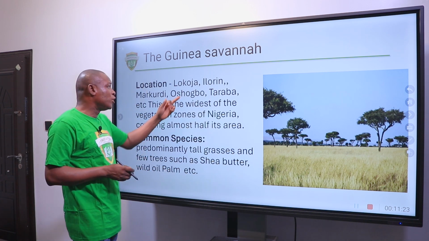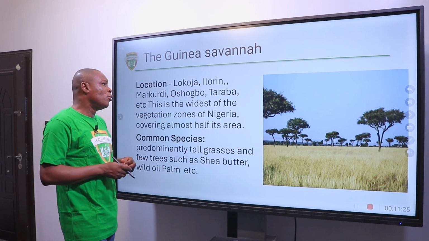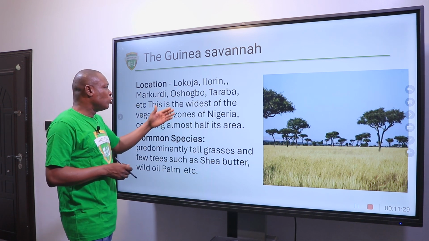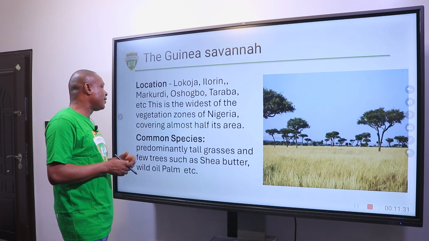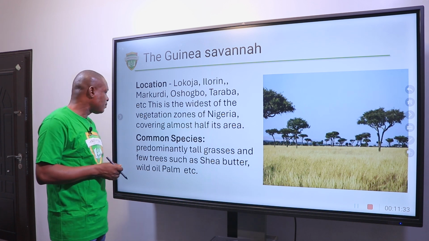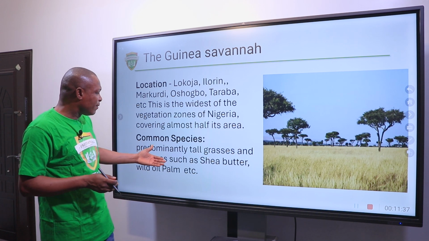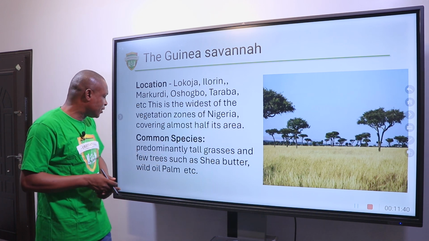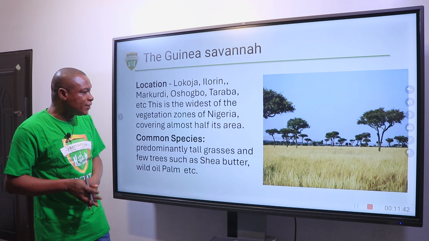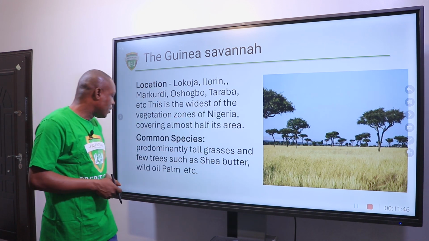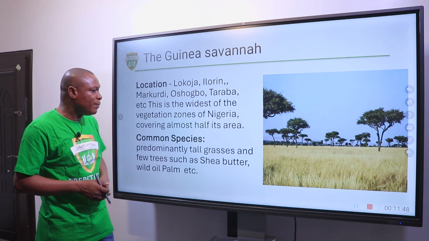It is found in locations such as Lokoja, Ilorin, Makurdi, Osogbo, Taraba, etc. It is predominantly occupied by tall grasses and very few trees, such as the shea butter, the wild oil palm, etc.